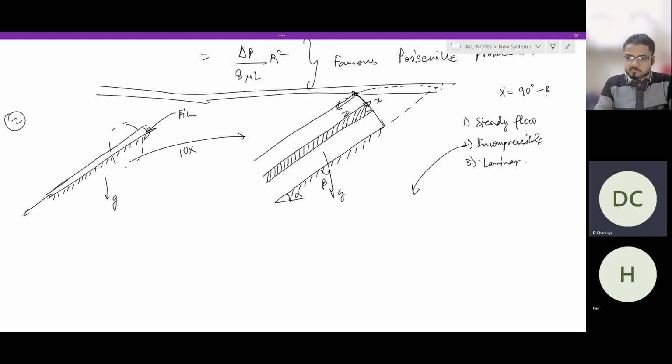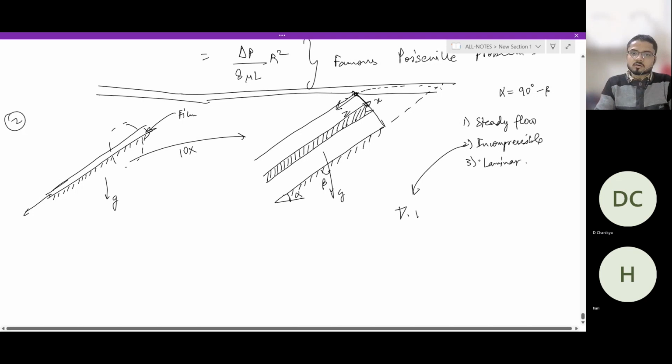From the incompressible flow condition, you've got del dot V is equal to 0, right? We already discussed this. Now, since this is a two-dimensional problem, we can just write del Vz over del Z plus del Vx over del X is equal to 0, right?